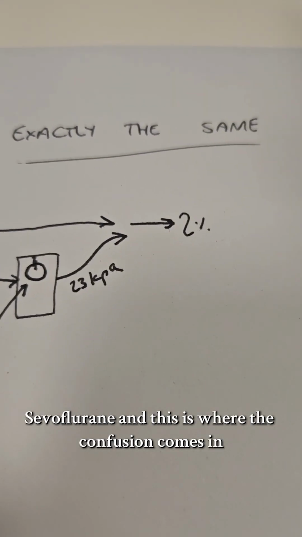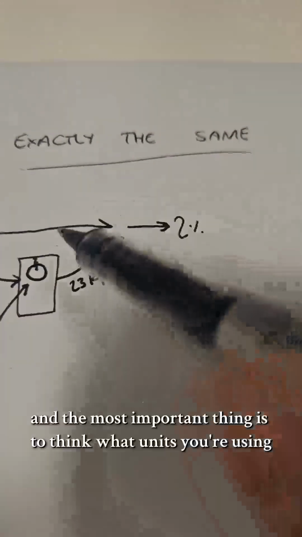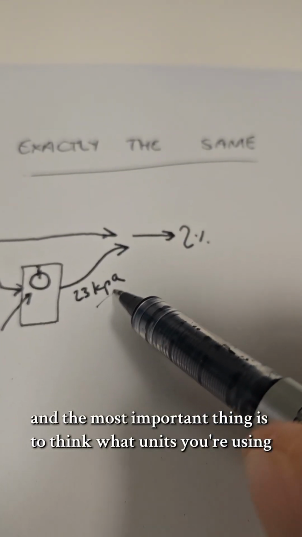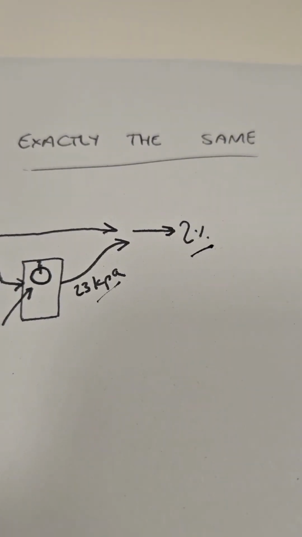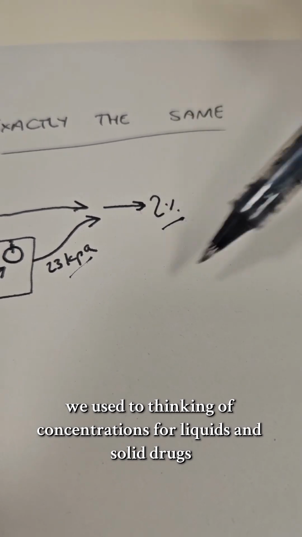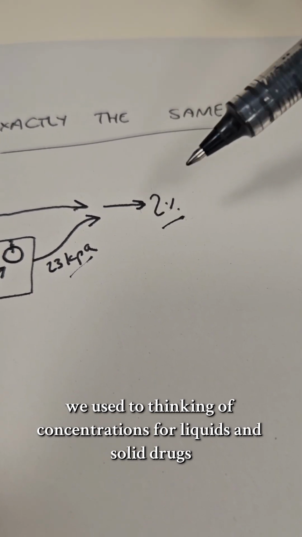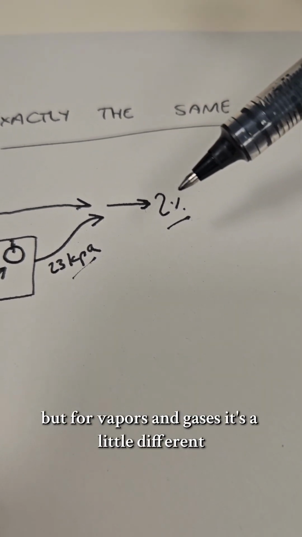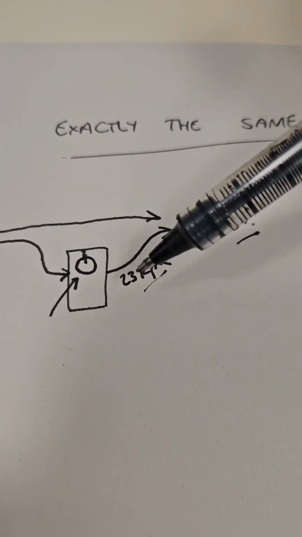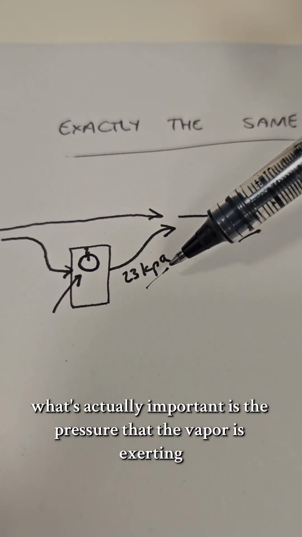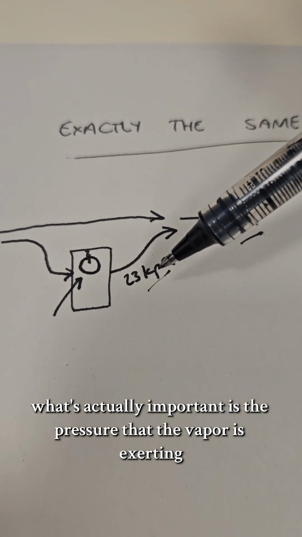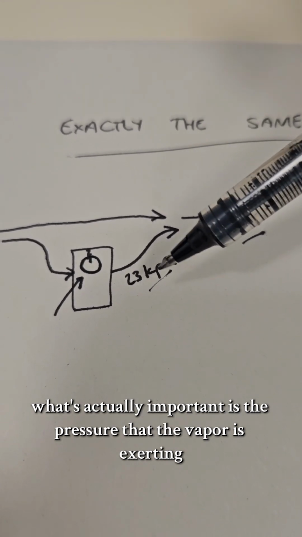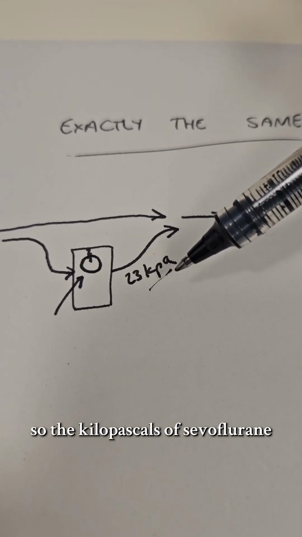And this is where the confusion comes in, and the most important thing is to think what units you're using. We're used to thinking of concentrations for liquid and solid drugs as percentage concentrations, but for vapors and gases it's a little different. What's actually important is the pressure that the vapor is exerting, so the kilopascals of sevoflurane.